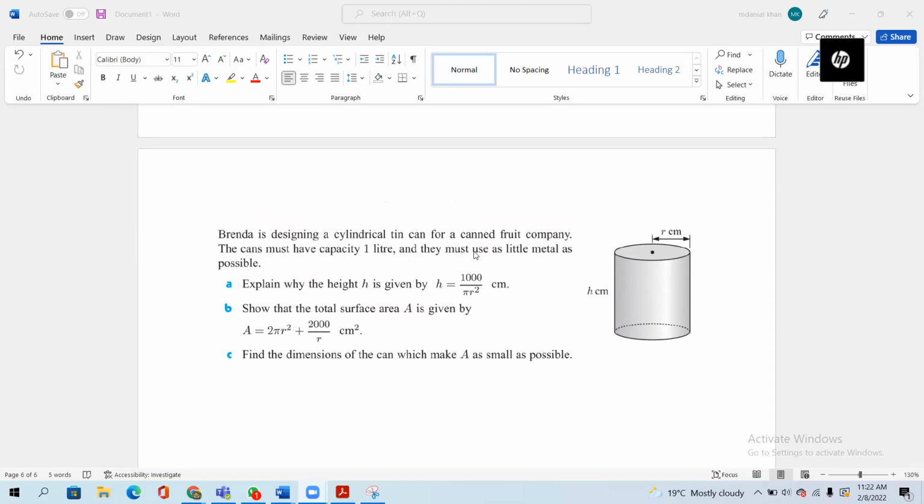That's a problem that utilizes the cylinder. The volume is given to us and the surface area is given to us. I need to prove this thing. And in part C, I'm supposed to find the dimension of the can that makes area as small as possible. That's typically a shape that comes into the exam as well. So you need to have a look at this one as well. So let's just get started.